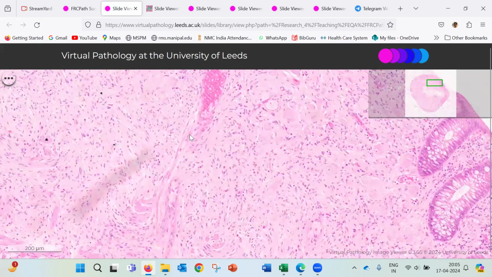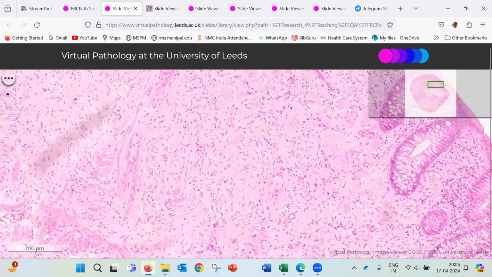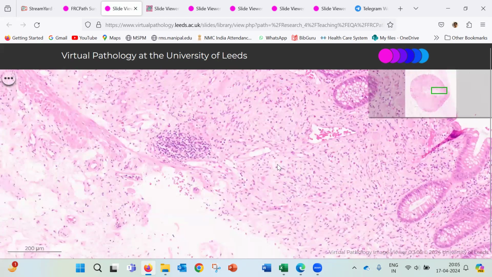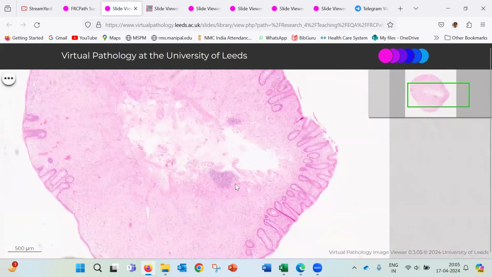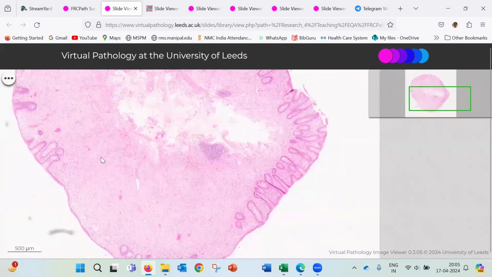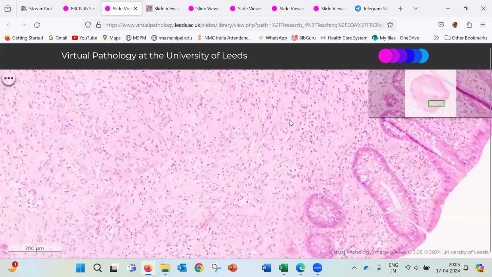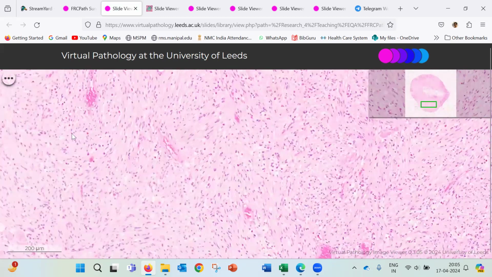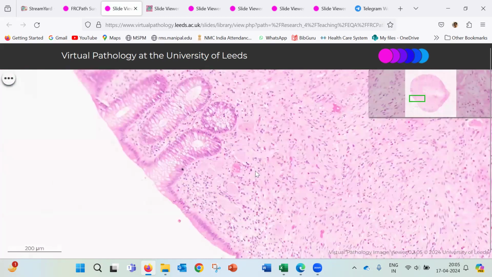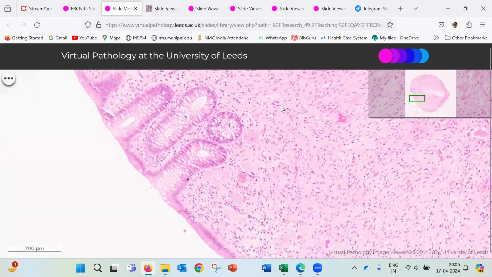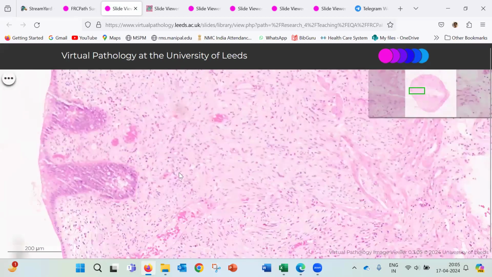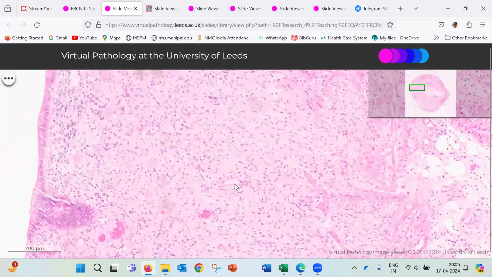And the stroma is rich with spindle cells with eosinophils, and there are scattered collections of lymphocytes with formation of lymphoid aggregate. So ganglioneuroma is common to the colon, and it is a bit rare type of polypoidal lesion, but yes, it has been given at least twice in the FRCPath exam.